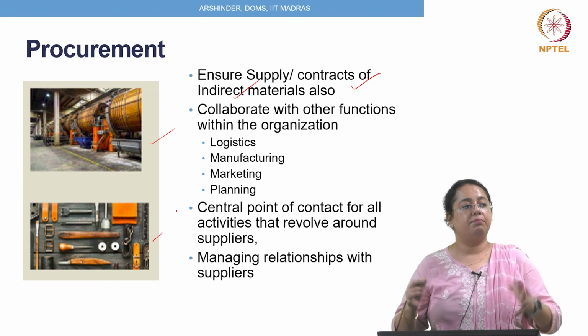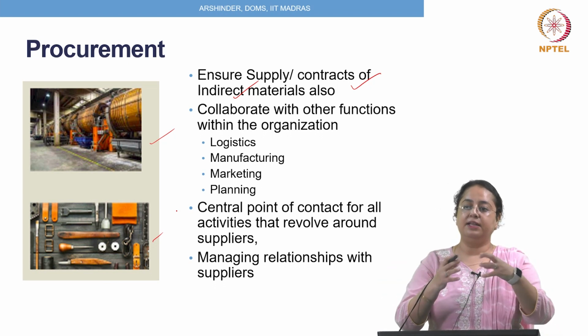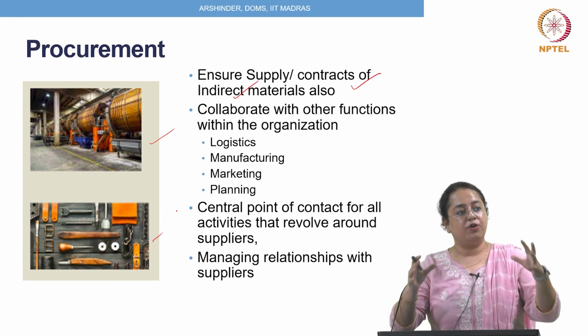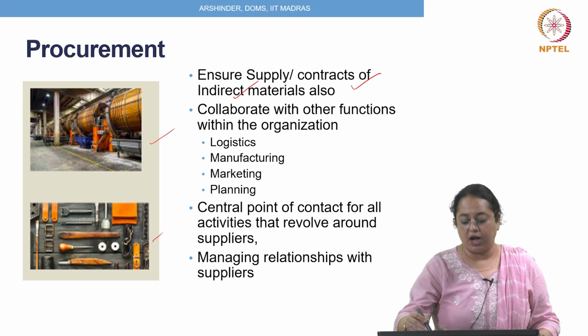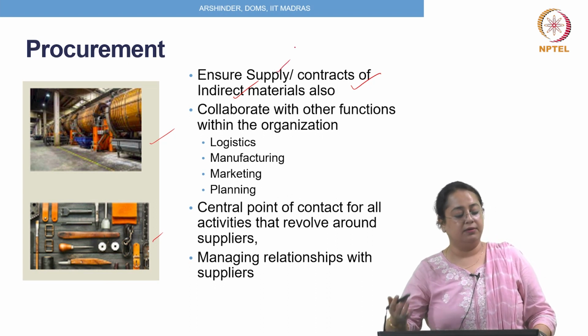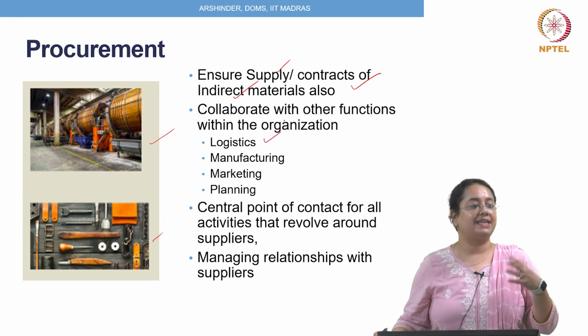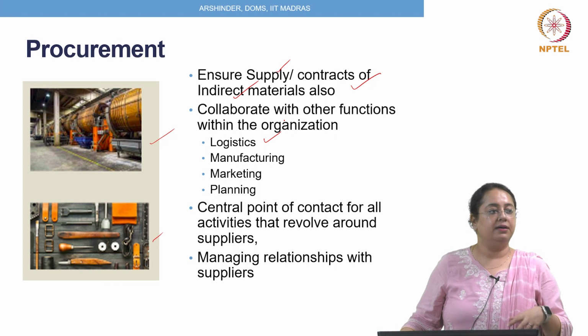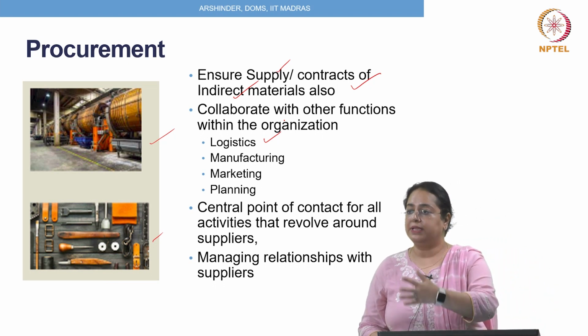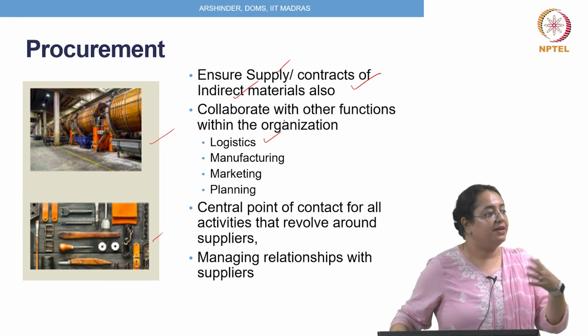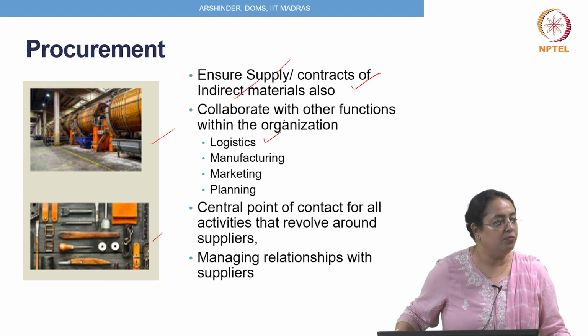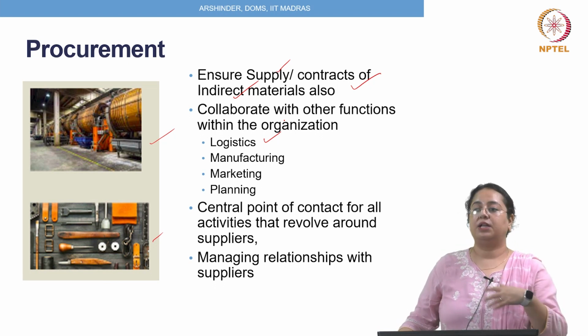So, when we say procurement, other than the purchasing activity, procurement takes care of how to ensure the supply and how to collaborate with other functions within an organization, understand their needs, and work with them on new product development and potential needs.